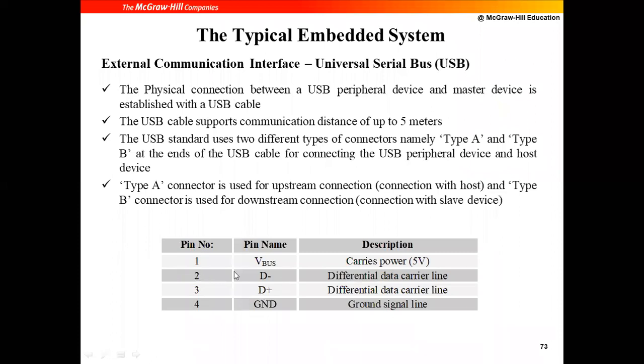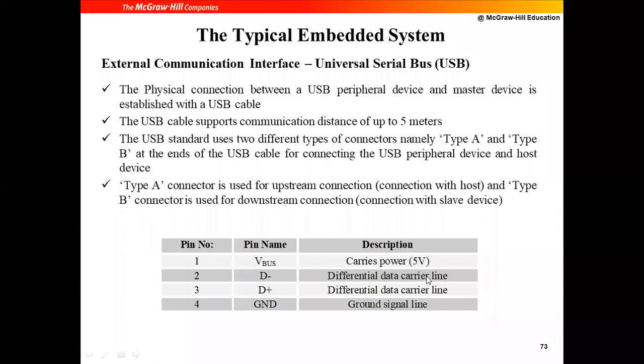Pin number 1 is VBUS, which carries power, around 5 volts. The second and third pins are named D minus and D plus, which are the differential data carrier lines. Through these two pins the data will be transferred with opposite polarity, positive as well as negative.